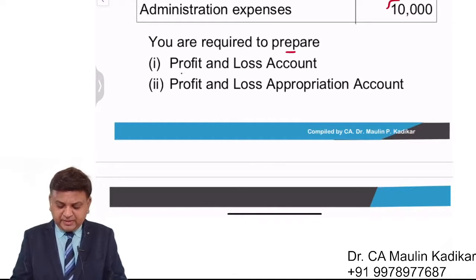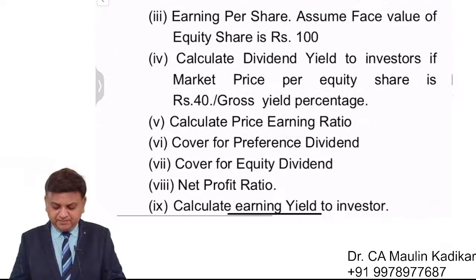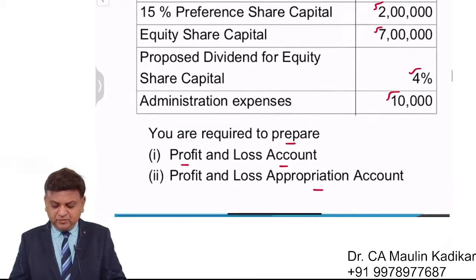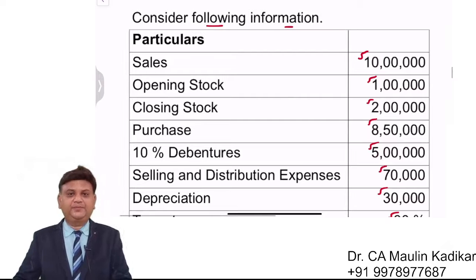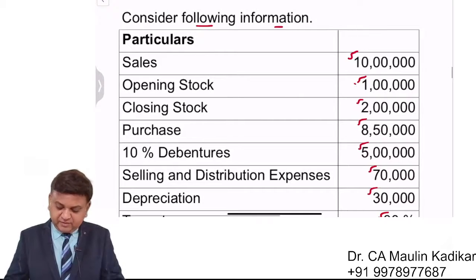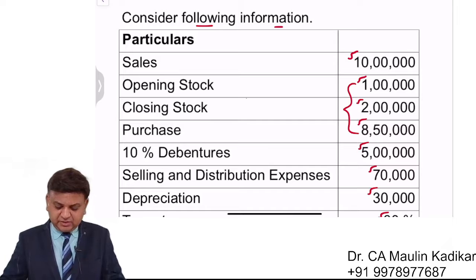You are required to prepare P&L account, P&L appropriation account, and so on. Further questions are given. So first of all, let us have understanding how to prepare the P&L account. Dear students, we can see that we have been provided with the opening stock, closing stock, and purchase. With this three information, we can calculate the COGS.